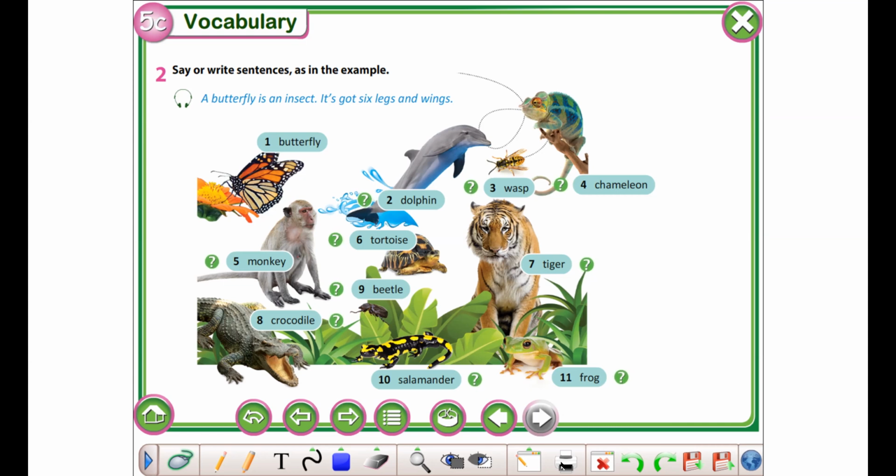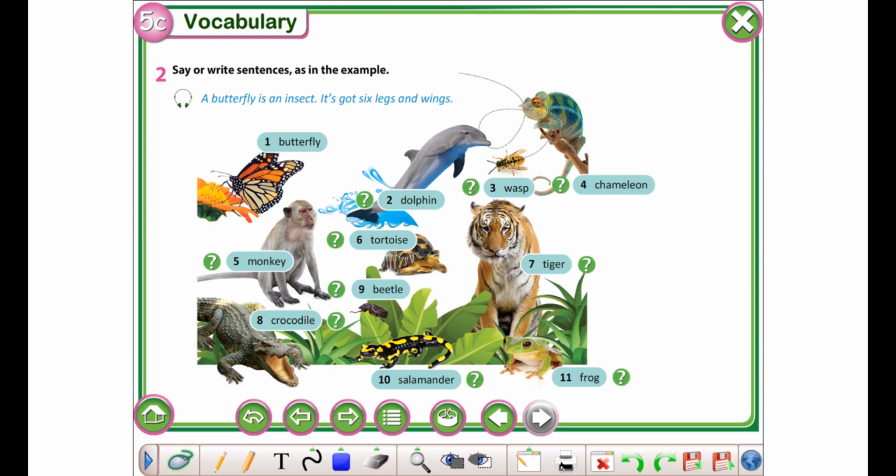Okay. It eats meat. That's true. That's it. Okay, good. Alex, choose another animal you want to talk about and describe it.